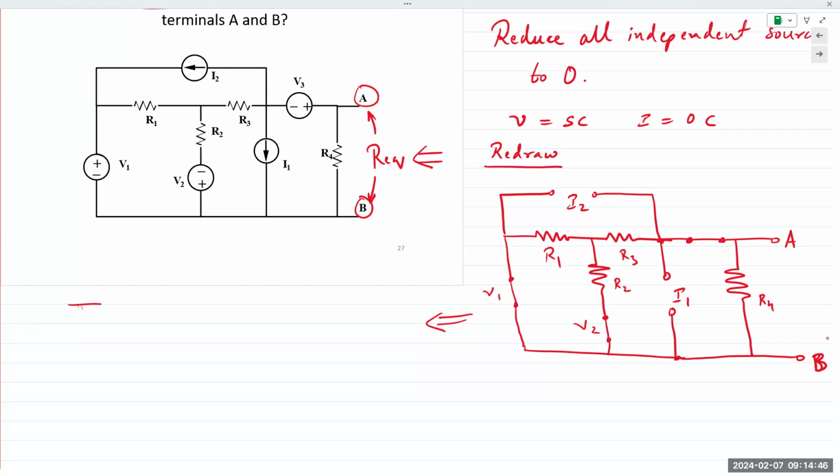This is how it will actually look. A and B.